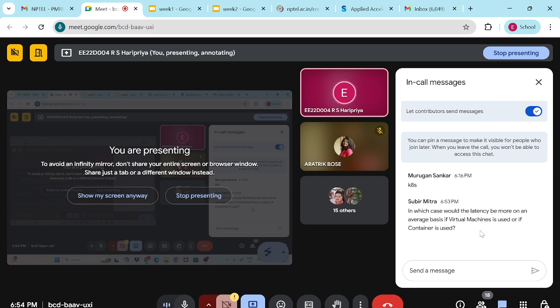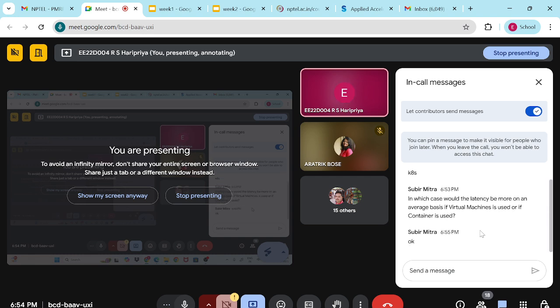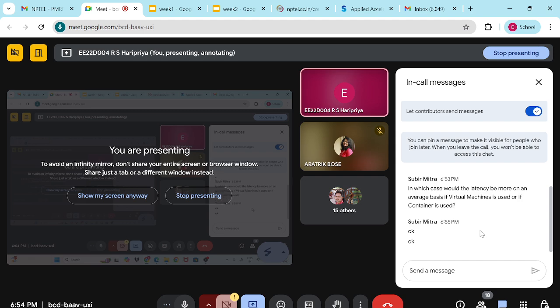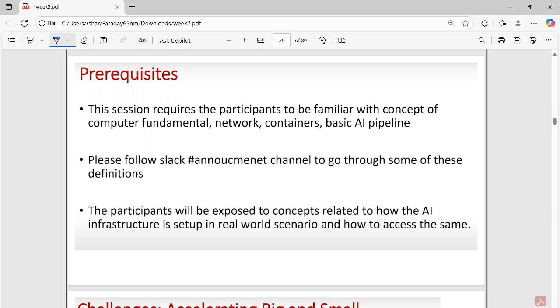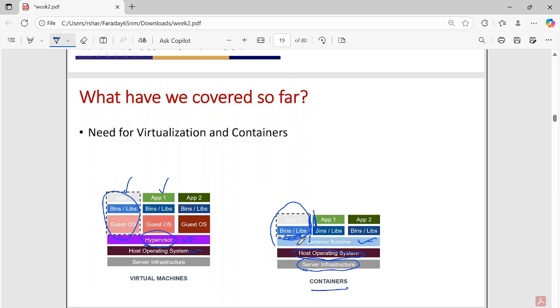So in general, a virtual machine should have more latency compared to the container, because of that very thin layer. That's why we said that if the performance without this container layer and the performance with this container layer are almost similar.